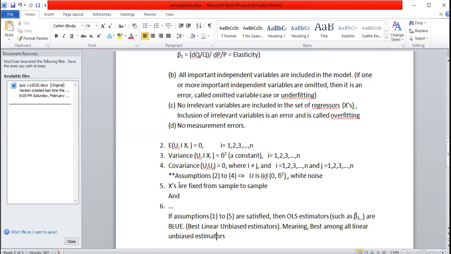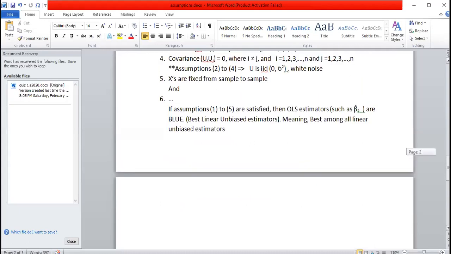With these 5 assumptions satisfied, it can be shown that OLS estimators are BLUE, meaning the OLS estimator is the best among all linear unbiased estimators. Now, in the next class, we will explain what unbiased means, what best means, what linear means.